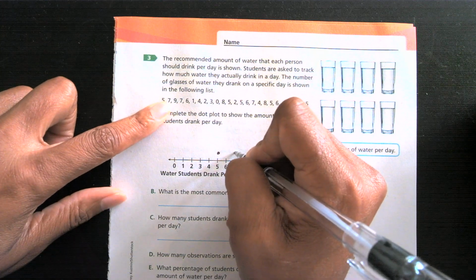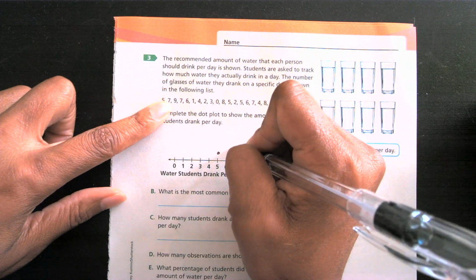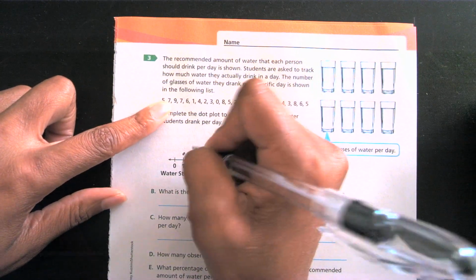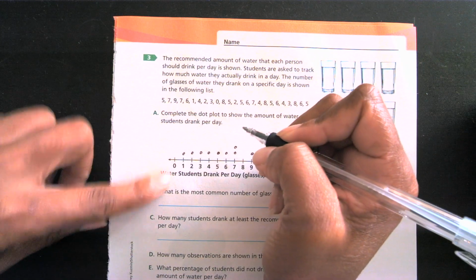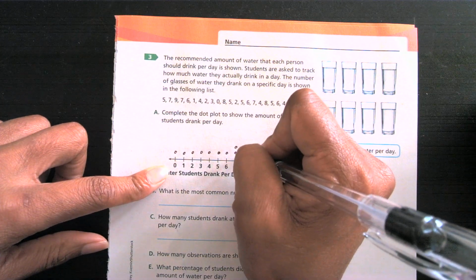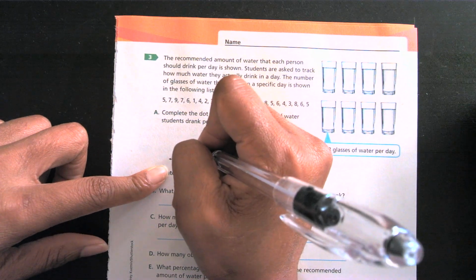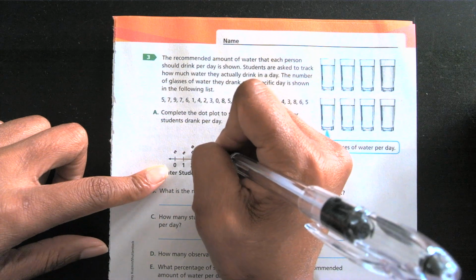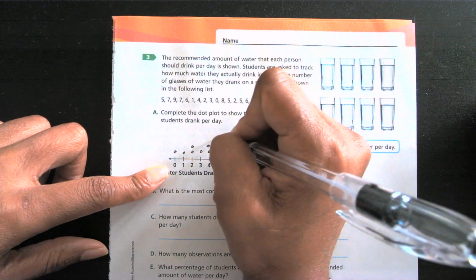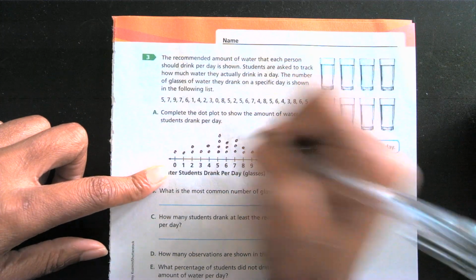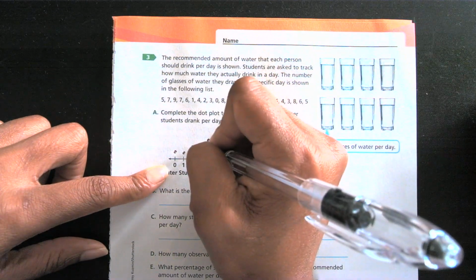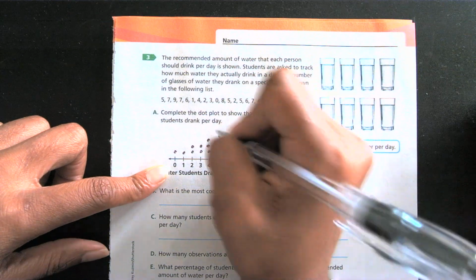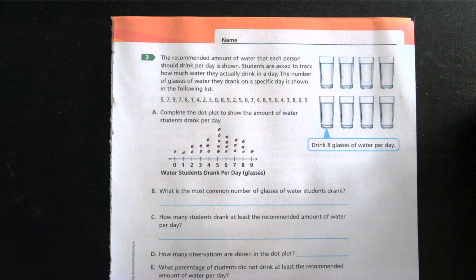With the 7, I put a dot over it. 9 dot, 7 dot, 6 dot, 1 dot, 4 dot, 2 dot, 3 dot, 0 dot, 8 dot, 5, 2, 5, 6, 7, 4, 8, 5, 6, 4, 3, 8, 6, and 5.